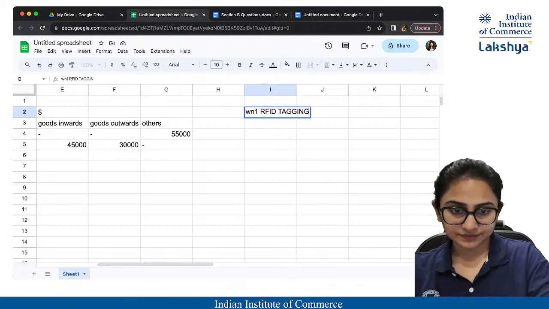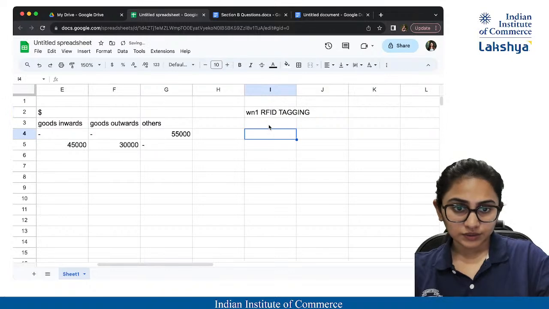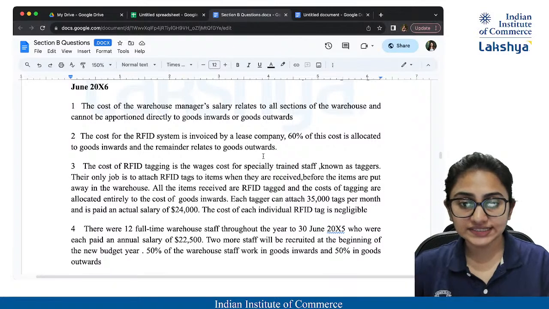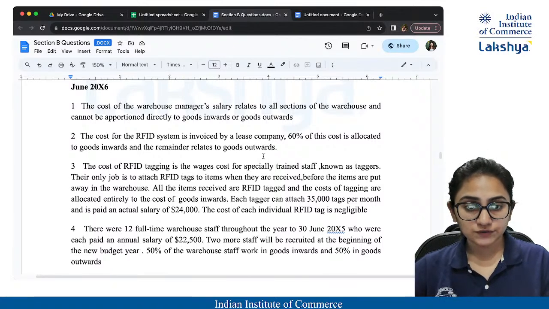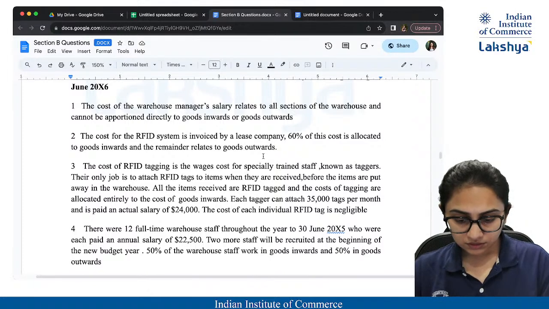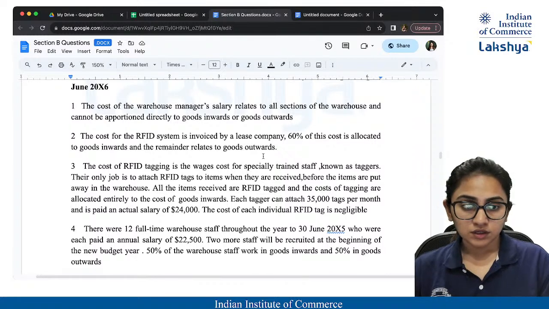Tagging. Okay, so what can be said about RFID tagging? The cost of RFID tagging is the wage cost for specially trained staff known as taggers.